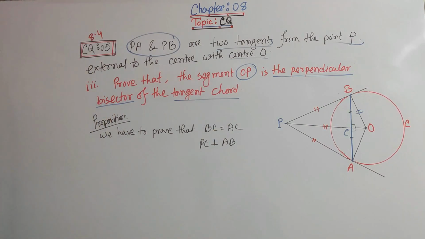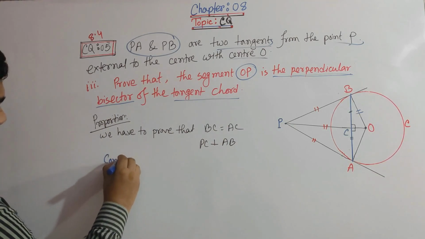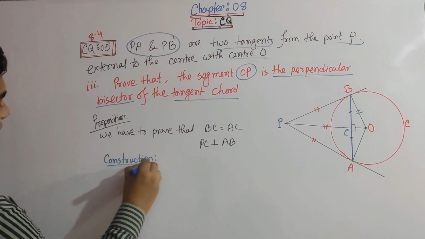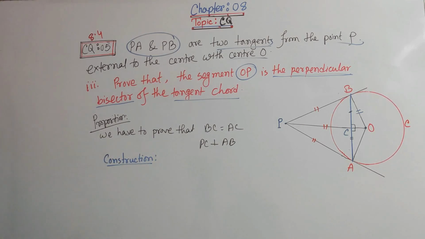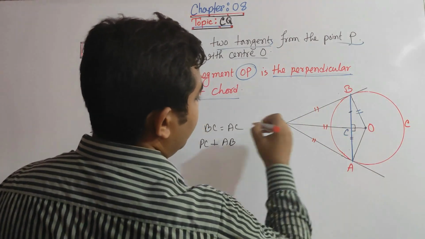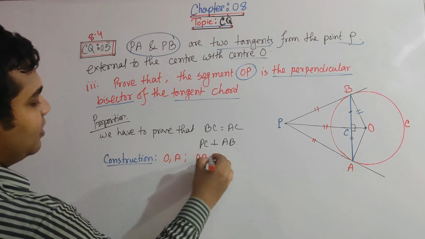Okay, there is some construction. The construction is to join some points, that is, join OA, OB, OP.